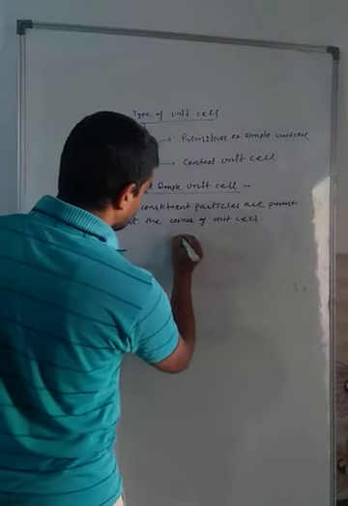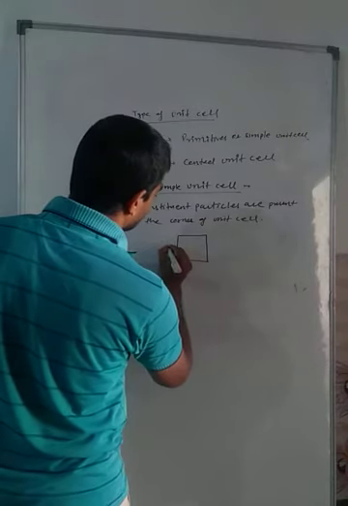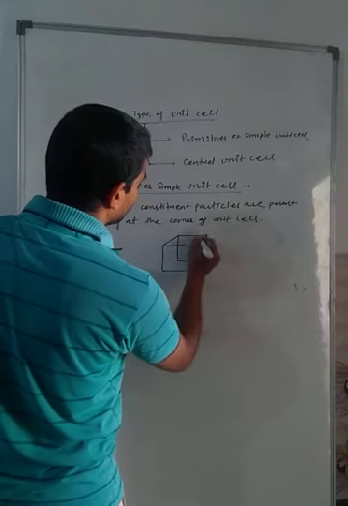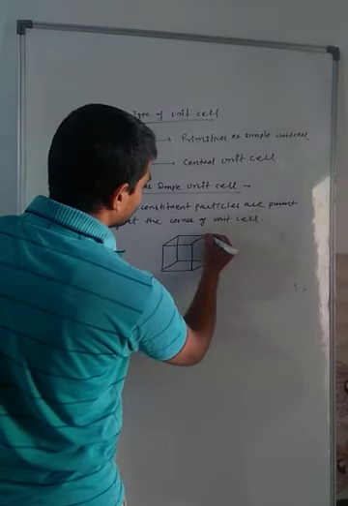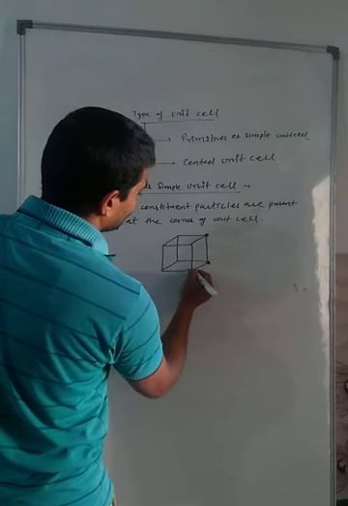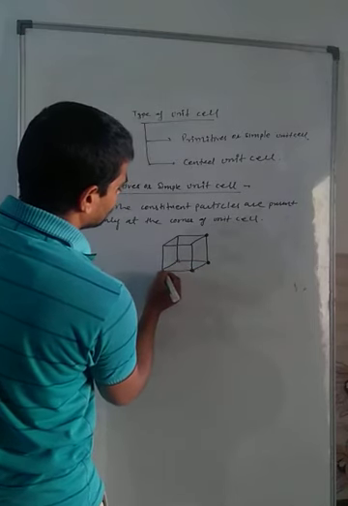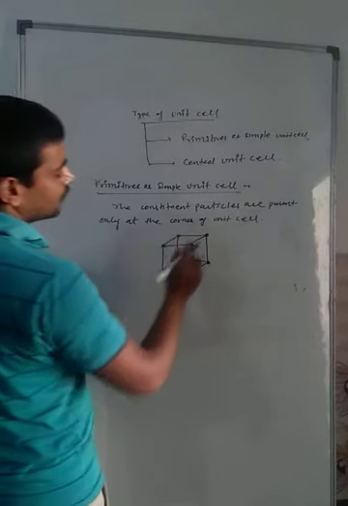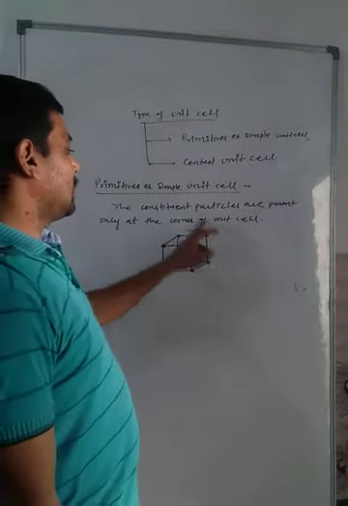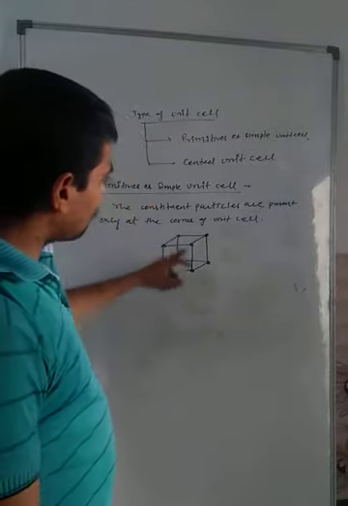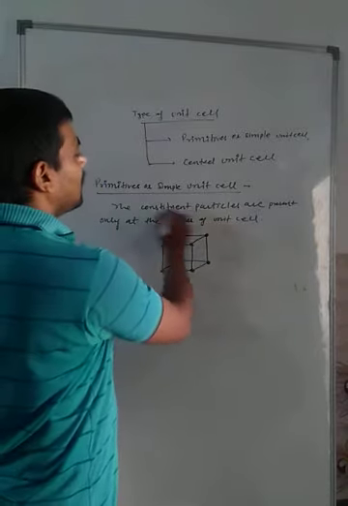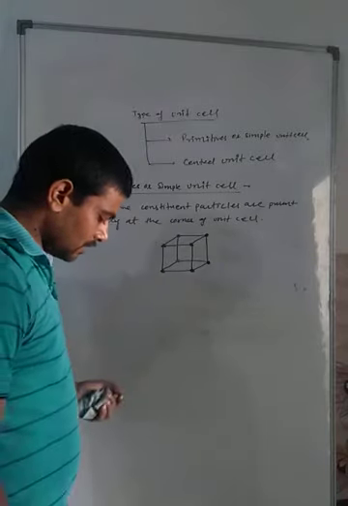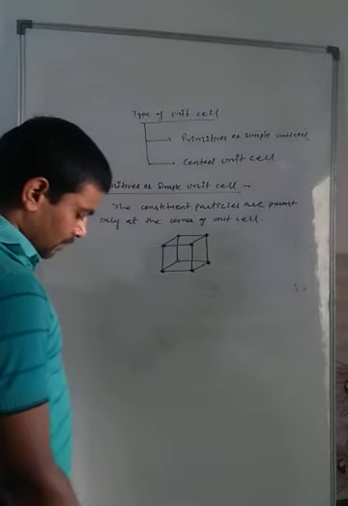It means constituent particles are present at all the corners of a unit cell. This is the point where the particle is present. In a normal cubic unit cell, there are 8 corners and atoms are present at all 8 corners. The constituent particle may be an atom, molecule or ion. So atoms present at all the 8 corners of the unit cell is called primitive.